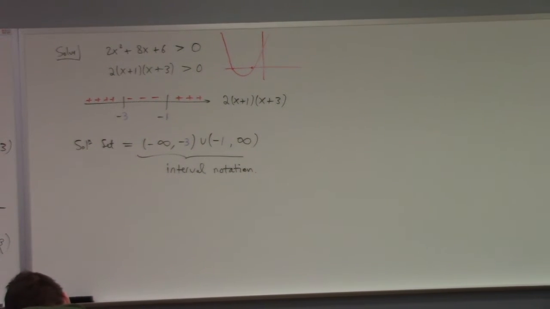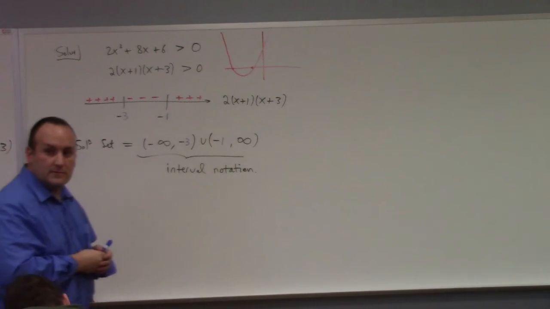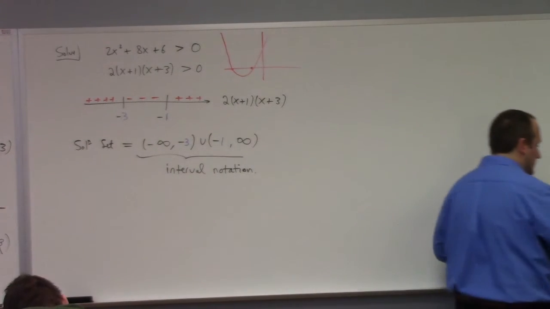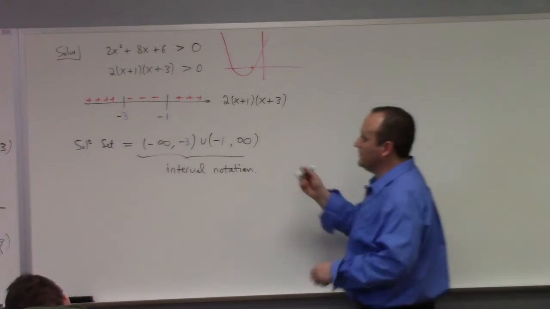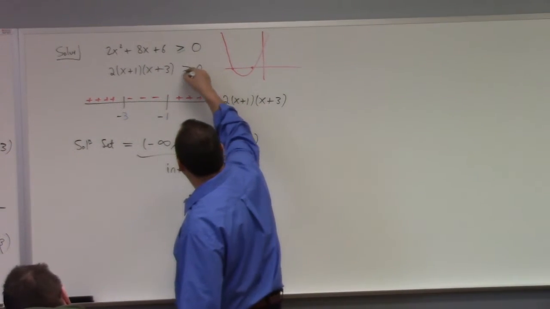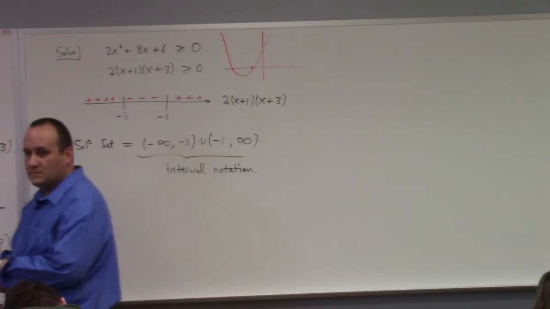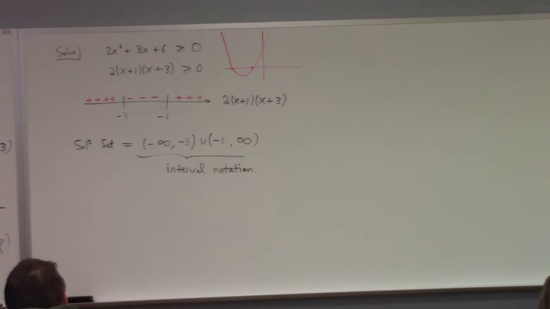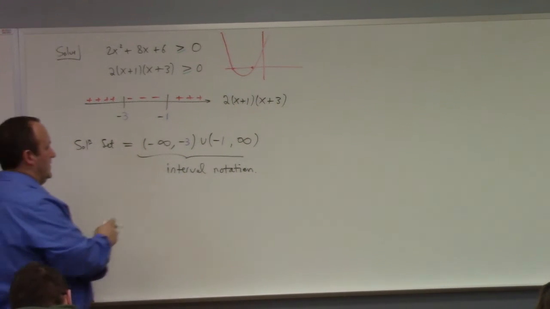Hey, let's make another modification to the problem. What happens if I throw in equality? How would that change the problem? What if I threw in equals here and here? What would that change? Yes, very good.